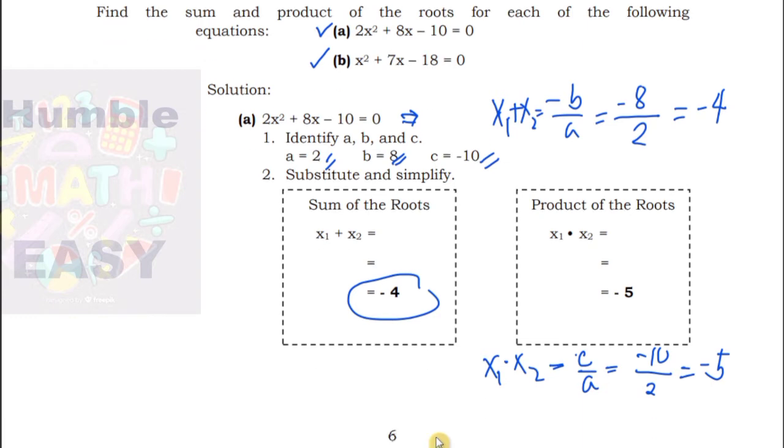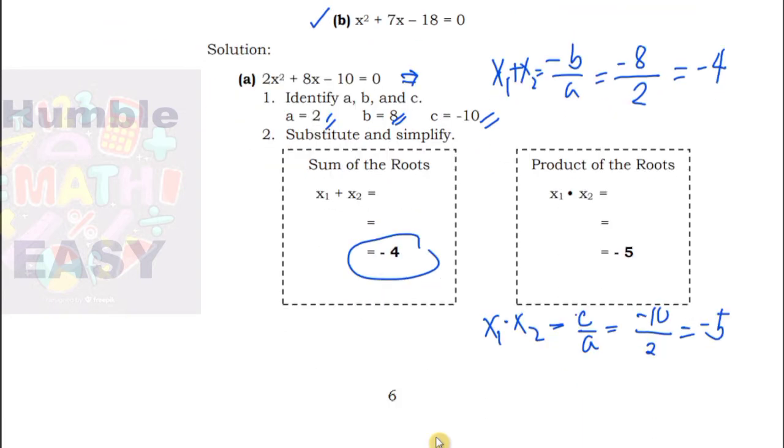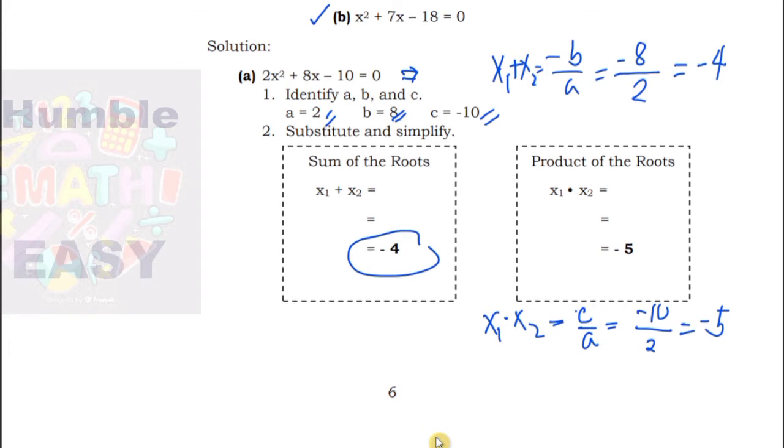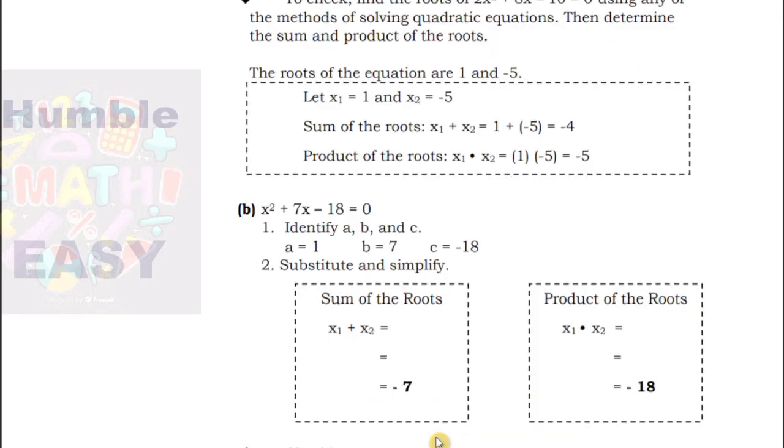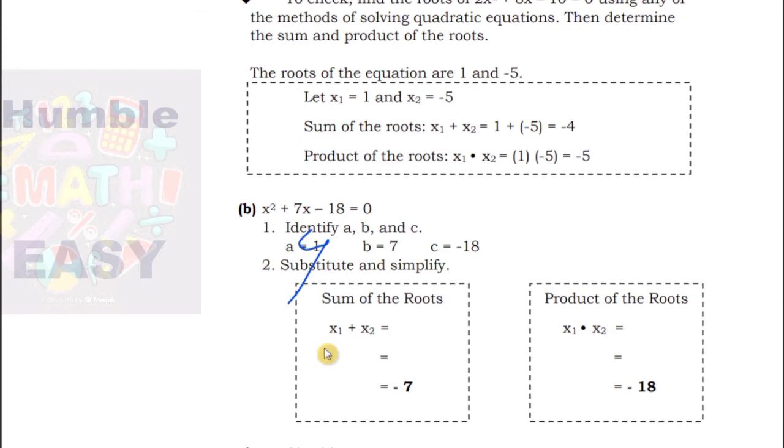Now if we are going to proceed to the problem letter B, which is x squared plus 7x minus 18 is equal to 0, we are able to identify first the values of a, b, c.